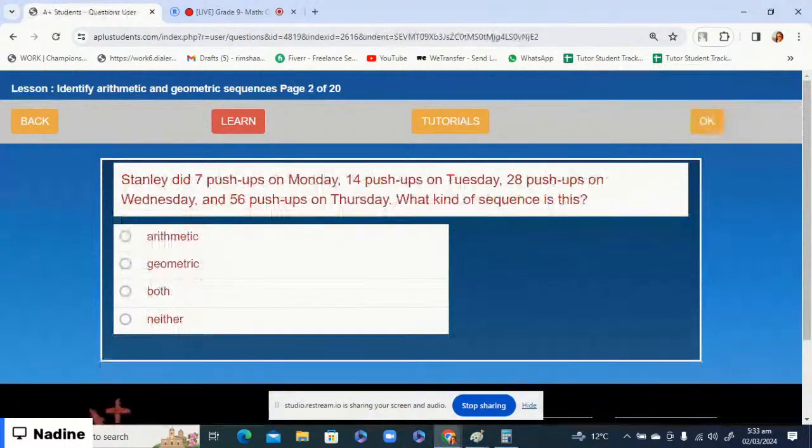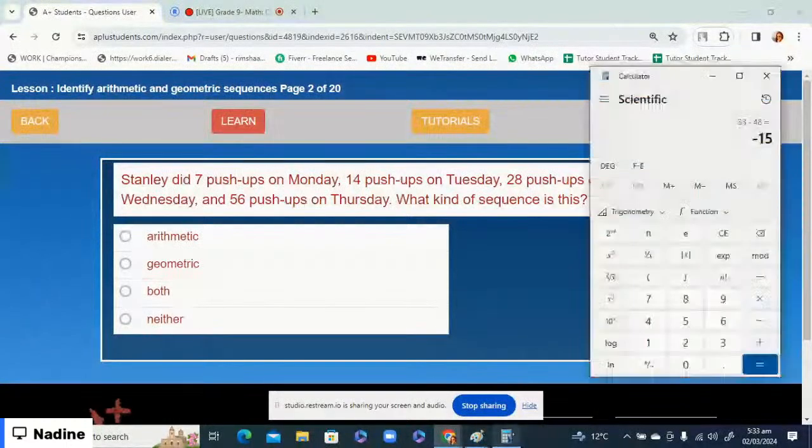Now Stanley did 7 push-ups on Monday, 14 on Tuesday, 28 on Wednesday, and 56 on Thursday. What kind of sequence is it? First of all, subtract: 14 minus 7, the answer is 7.